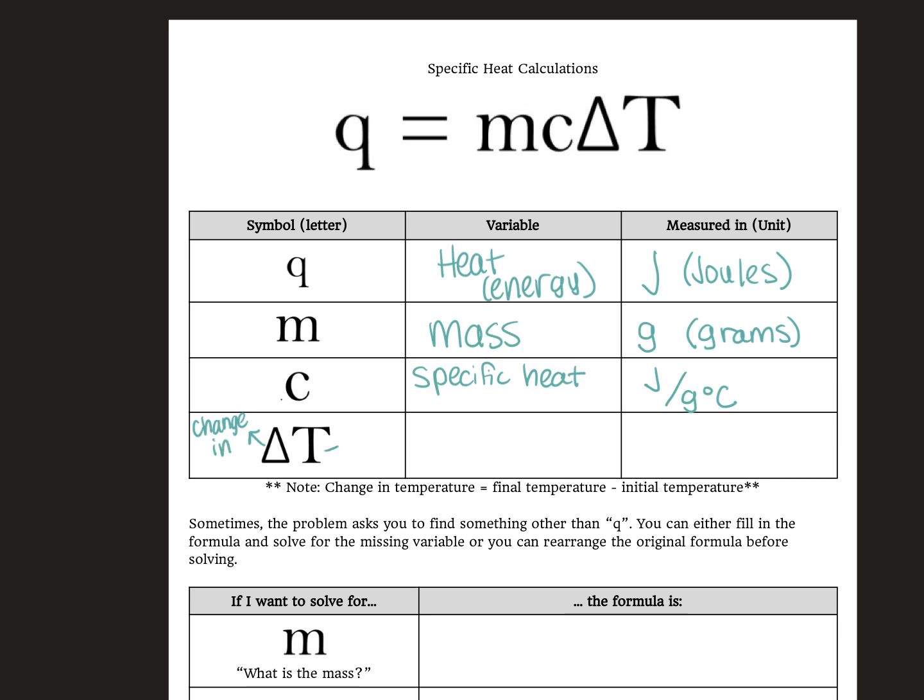And the T stands for temperature. So delta T stands for change in temperature. We measure temperature. The unit is degrees C or Celsius.